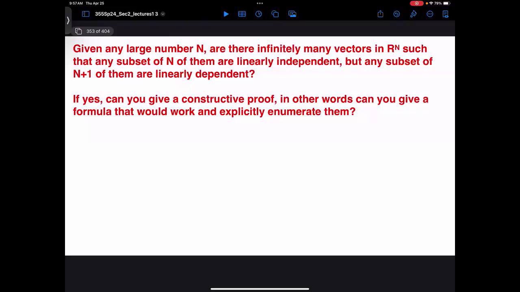Rather than finding infinitely many vectors such that any subset of size n are linearly independent, what would be an easier warm-up problem? Okay, so what specific case? How many should I find as the first possibility? Good. So one possibility is I could try to do a small case of n. I could do maybe n equals 1, n equals 2, n equals 3, and try to build some intuition. So that's one way to go.